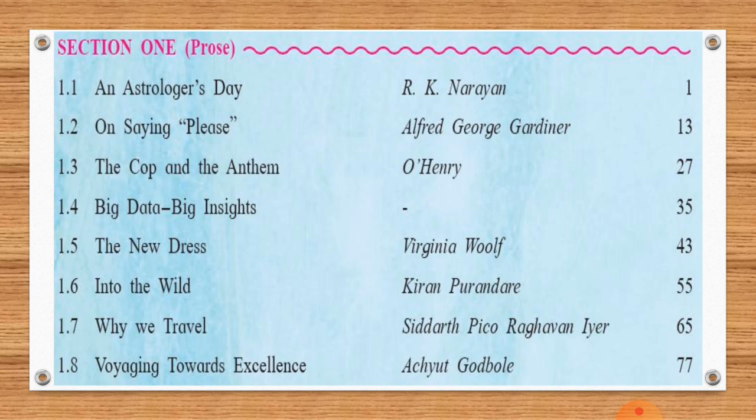In this prose section we have to study 8 lessons, and these lessons are simple, informative, inspirational and beautiful stories. Look at the title of our first lesson. The first lesson, 1.1, is An Astrologer's Day, written by R.K. Narayan. Students, this lesson deals with the story of an astrologer.